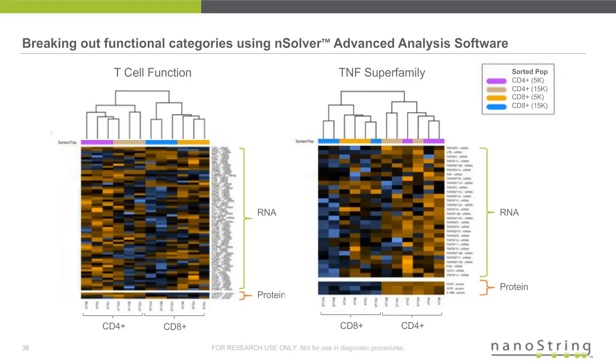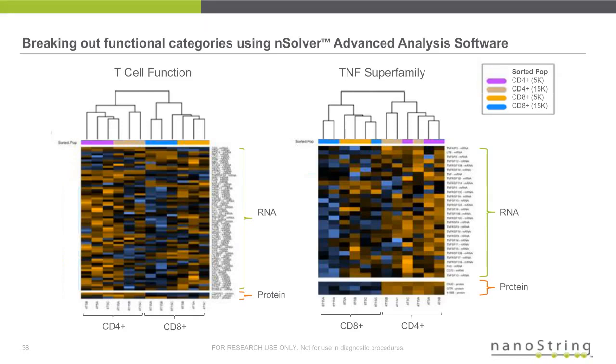And you can see, again, here's the protein expression changing down here between the CD4s and CD8s. This is an unbiased clustering. So again, we see the CD4 cells clustering separately than the CD8. Very strong differences in that clustering. You can go in and look at the TNF superfamily.